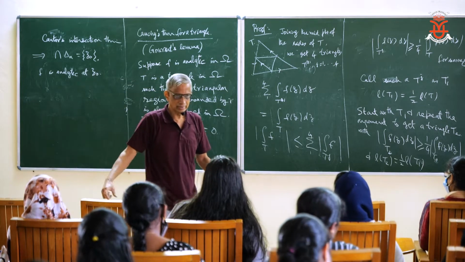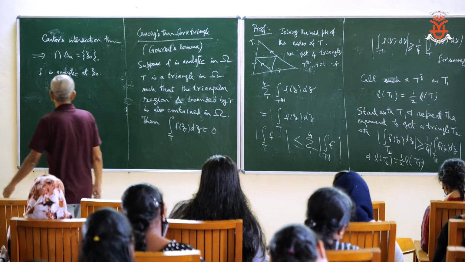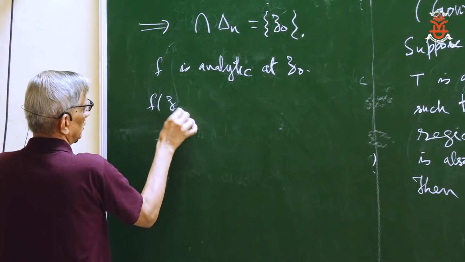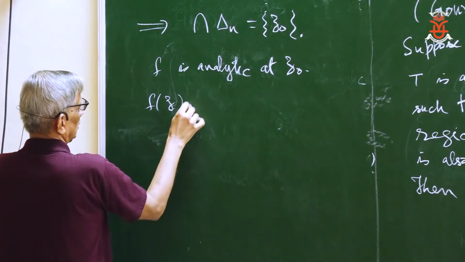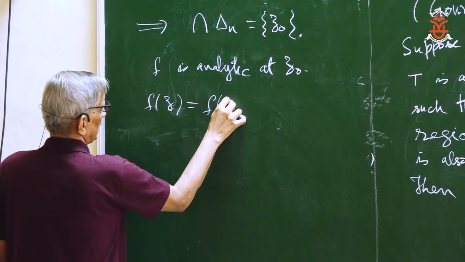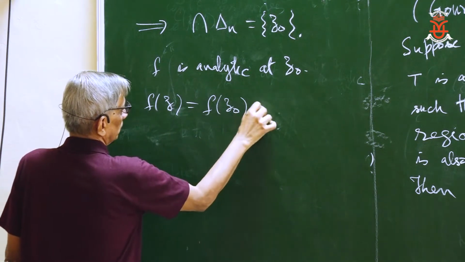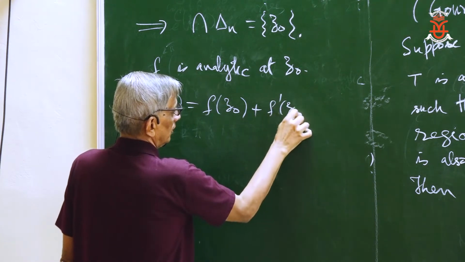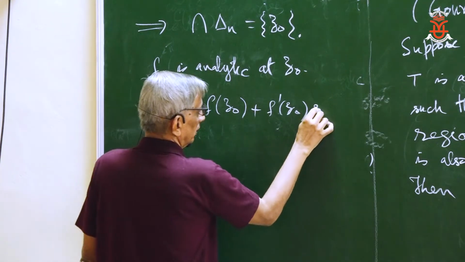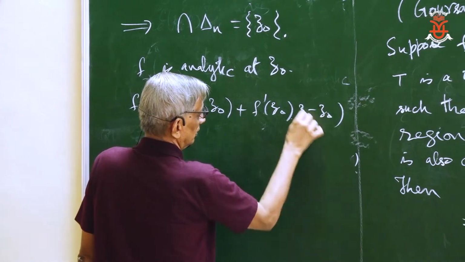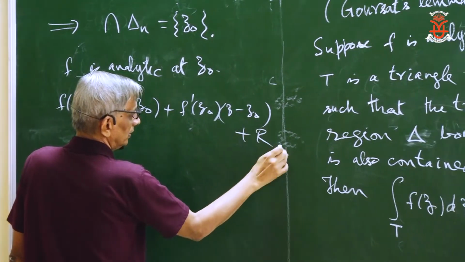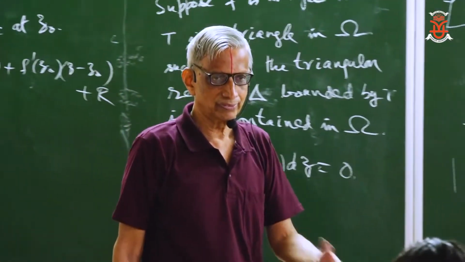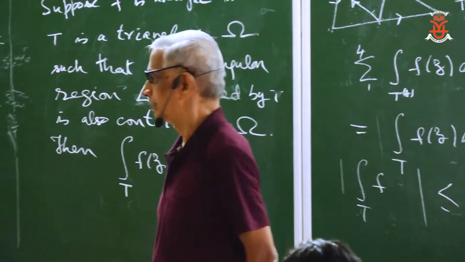So you can write f of z equals f of Z0 plus f prime Z0 times Z minus Z0 plus the remainder, in a neighborhood of Z0.